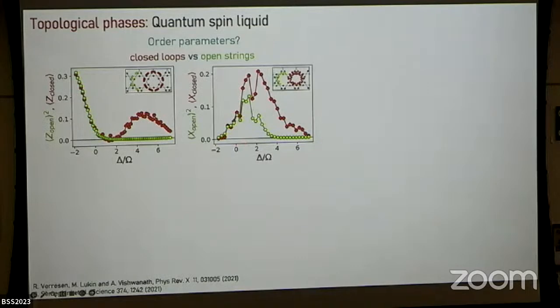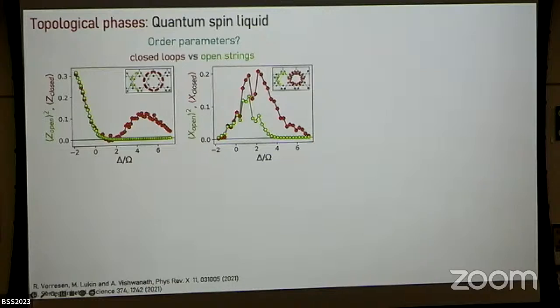This kind of goes back to the question about why the peak is shifted. What we see here is that the expectation value for the X string, the open one, is finite over this range of the tunings, and then it goes down, while the closed loop stays finite for a broader range of the tunings.